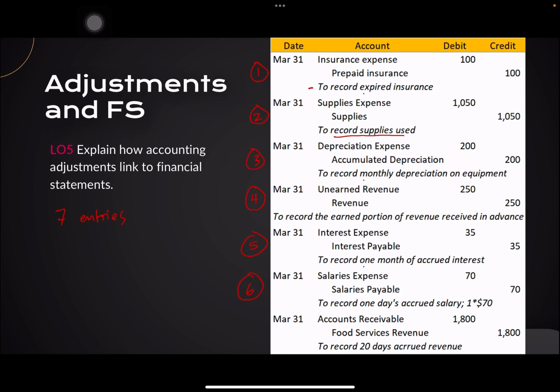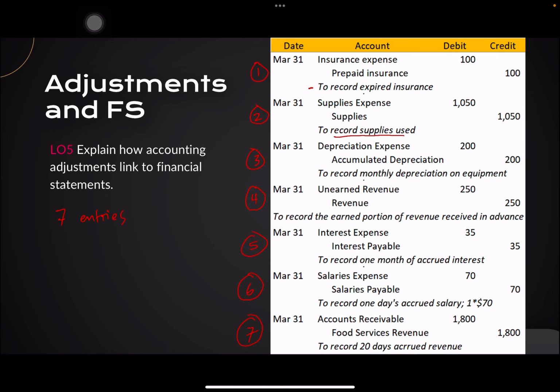And the last adjusting entry that we prepared is the accrued revenue, specifically the accrued service revenue that we performed for our client or customer. Again, the nature of this transaction is that on March 11, we were contracted by customer A that we will be providing daily lunch catering services to them.